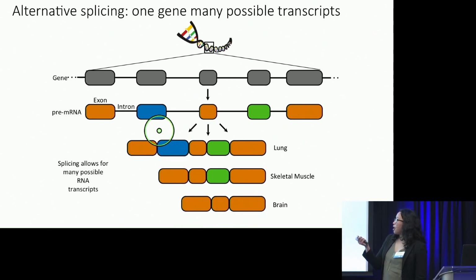You can have every intron, each black line, spliced out and joined together to produce one long transcript that might be specific to the lung tissue. You can also decide to skip over exons, as shown here in the skeletal muscle example, where you don't have that blue exon anymore. Or you can decide to skip multiple exons and have a completely different transcript. Again, about 95% of our human genes go through this process.